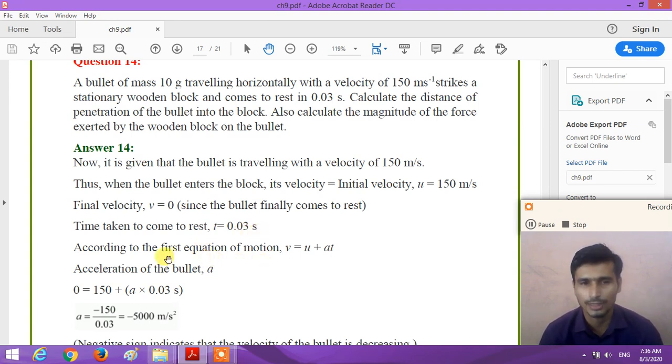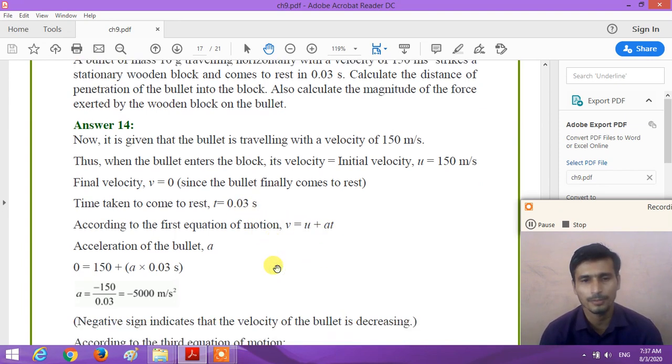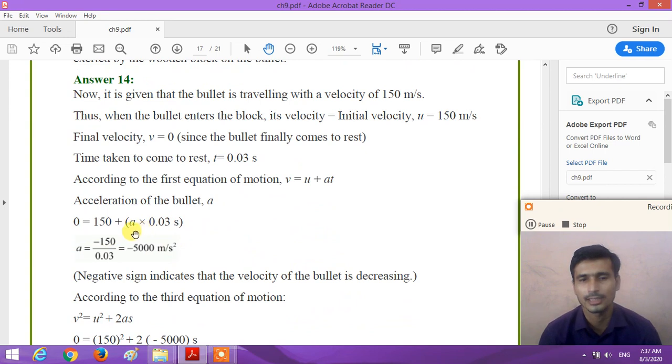So according to the first equation of motion, v is equal to u plus at. Here the final velocity v is 0, initial velocity u is 150 meter per second, t is 0.03 second. If we put in the values, we get the acceleration of the bullet. So 0 is equal to 150 plus a into 0.03.